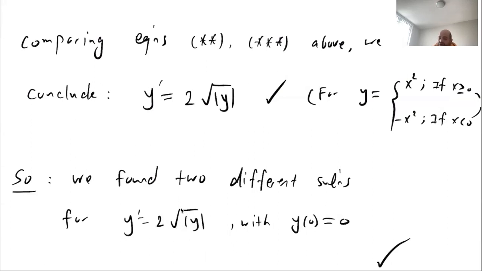However, the partial derivative of this function with respect to y did not exist at 0. So the fact that this equation has two different solutions did not contradict Picard's theorem.